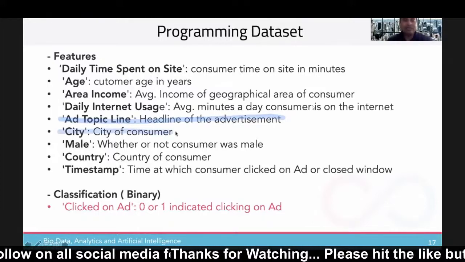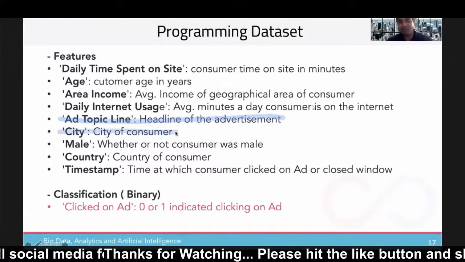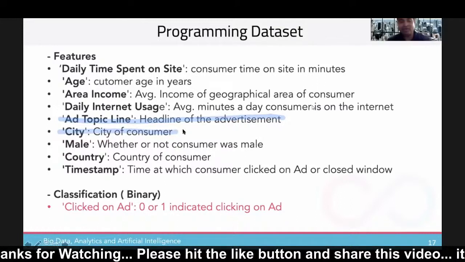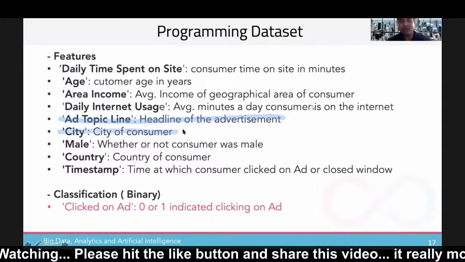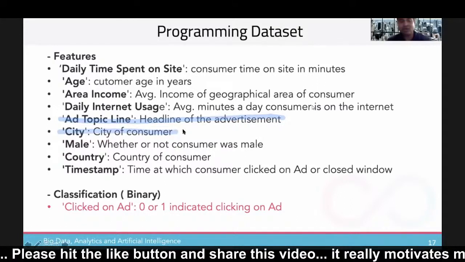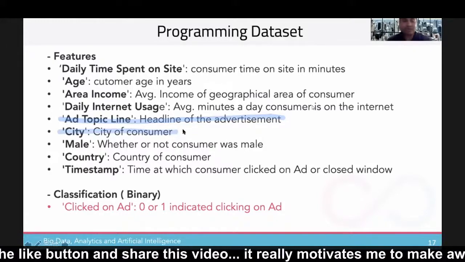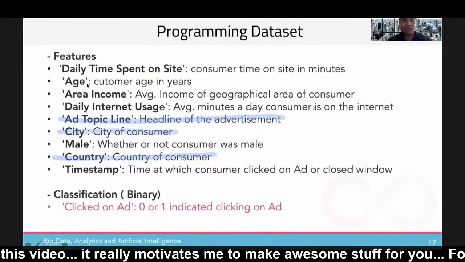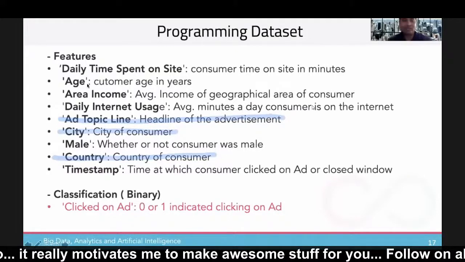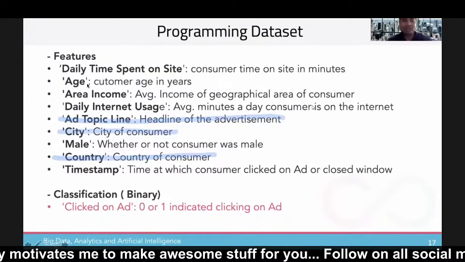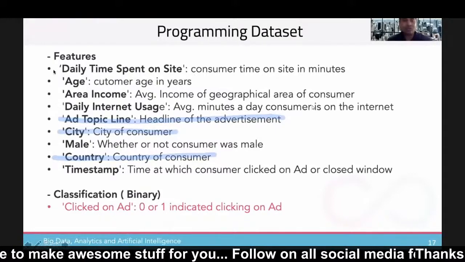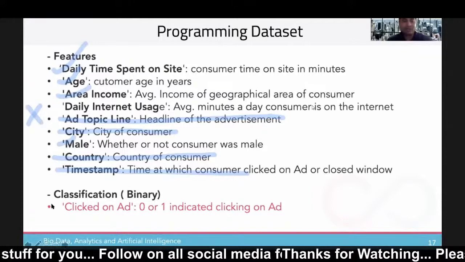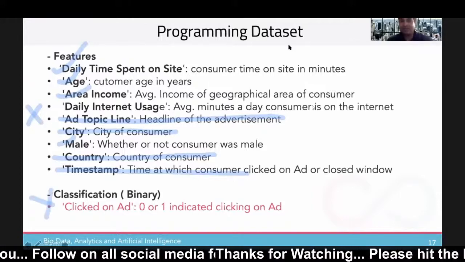City of a customer, if we had only 3 or 4, we could have made a categorical variable and taken it into account. This was our x, and this was our y. So I hope I did answer your question.